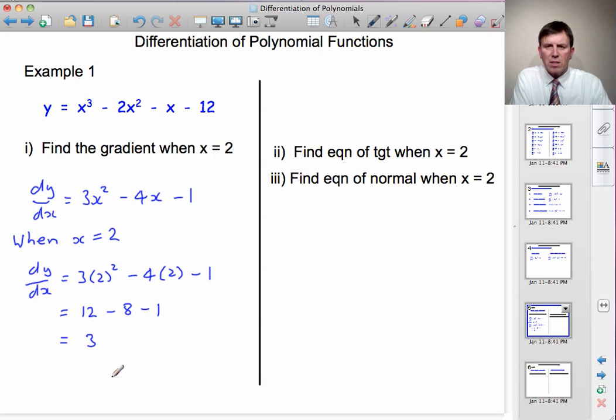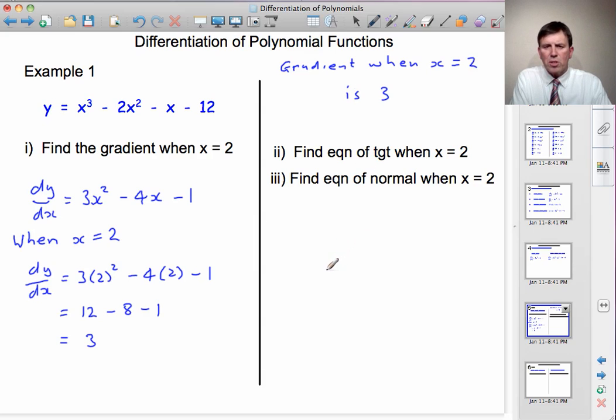So dy by dx is 3. But that is the gradient of the curve. So gradient when x equals 2 is 3. So that's the first part done.